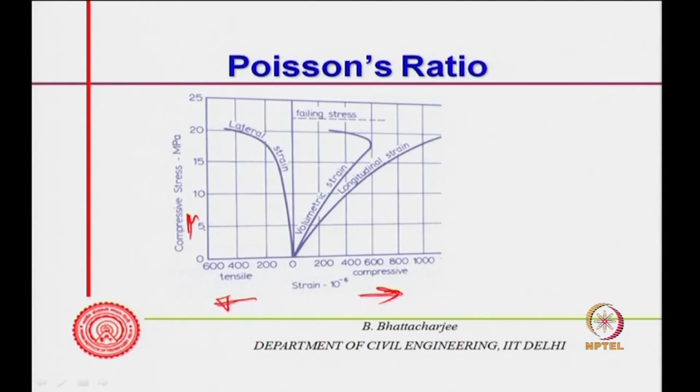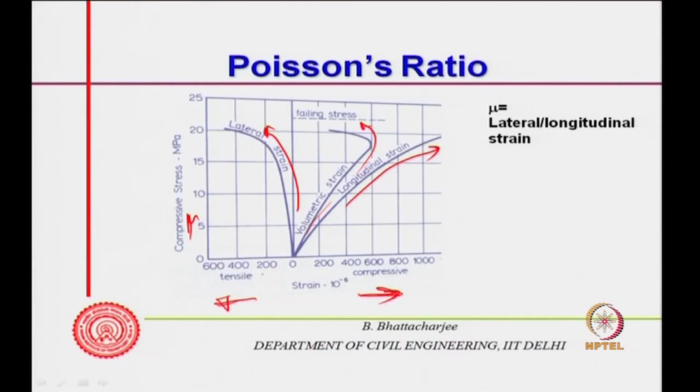This is the longitudinal strain, this is the volumetric strain, which we talked about earlier with ultrasound pulse velocity and acoustic emission, and this is the lateral strain, which is in the opposite direction, the tensile direction. So, mu is defined as lateral by longitudinal strain.